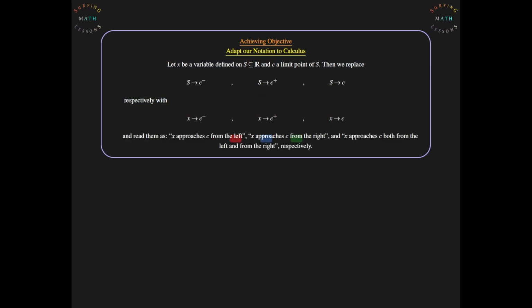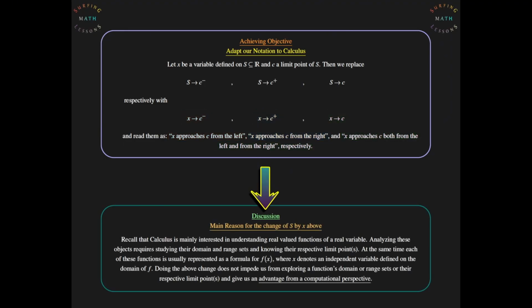To read the new notations, simply use their previous versions and replace the name of the approximating set by that of the variable. If you are interested, I leave you a small discussion box detailing the main reasons for this change.